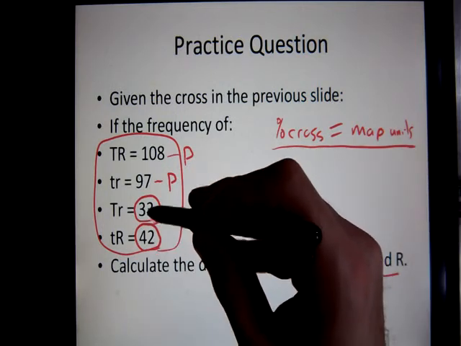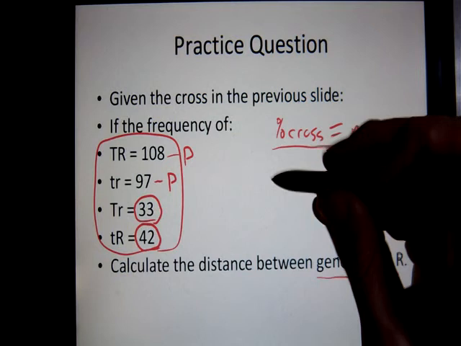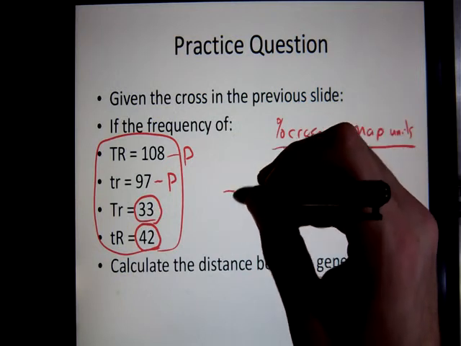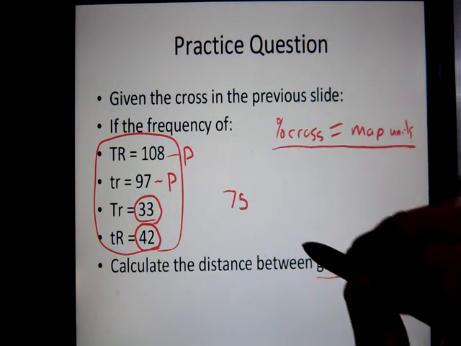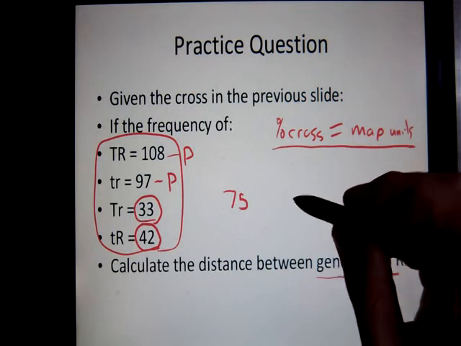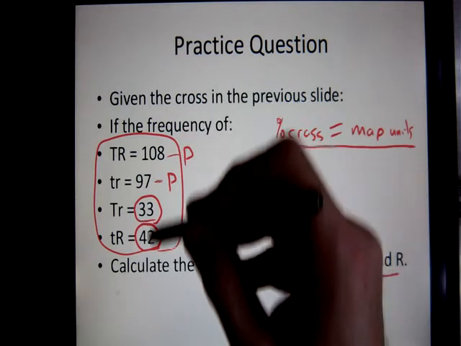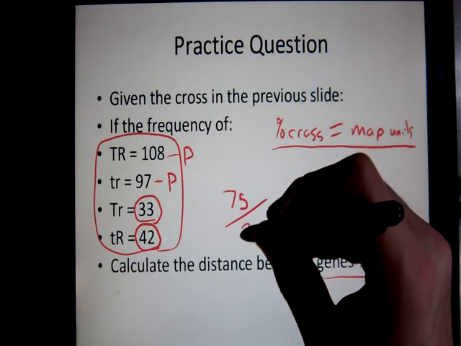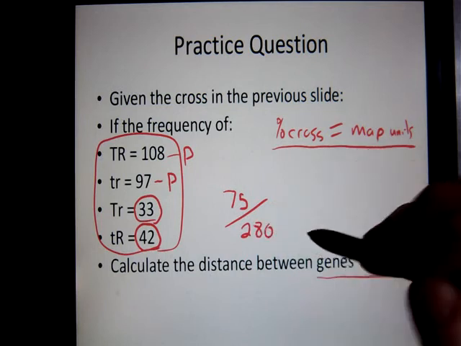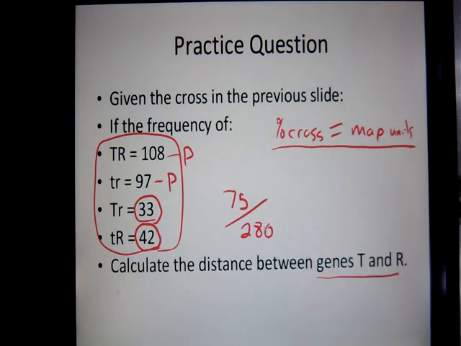So there are 33 and 42 individuals because of crossing over for a total of 75. 75 of those individuals are crossovers. And if I count them all up, I know there's a total of 280 individuals. So 75 out of 280, very easy to find a percentage there. 75 divided by 280. I get the percentage, and whatever that percentage is equals the number of map units that separate those two genes.